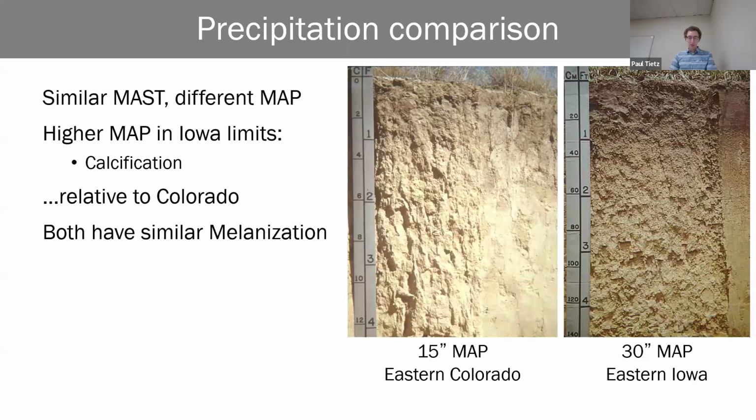So they arguably have similar melanization. This is just a dry soil profile, so if you can imagine a little more moisture in there, maybe the A horizon would reach down to a similar depth, or at least a lot more similar than our last example was, but similar melanization. The calcification is a big difference.